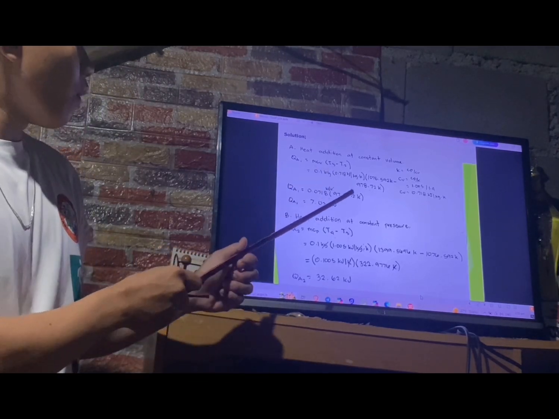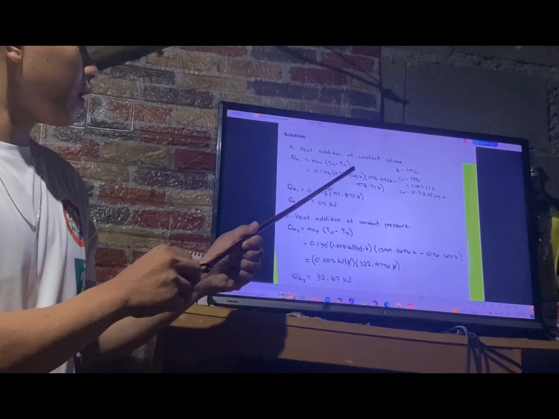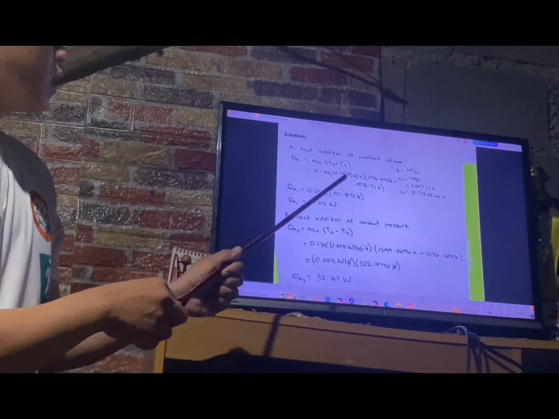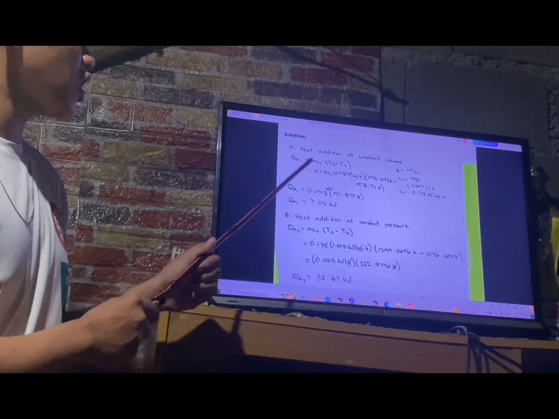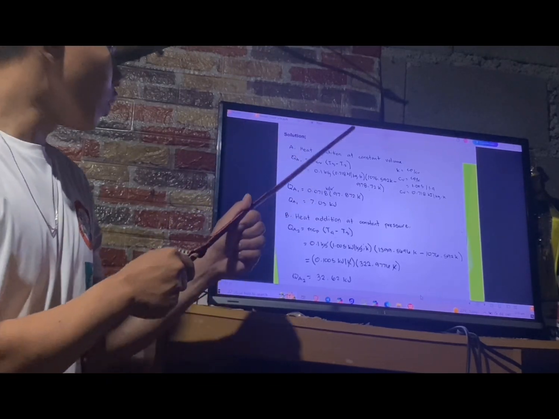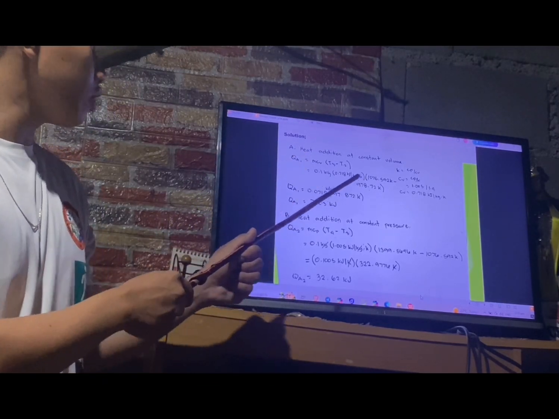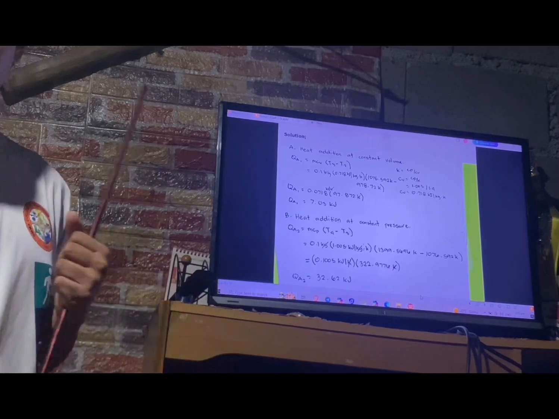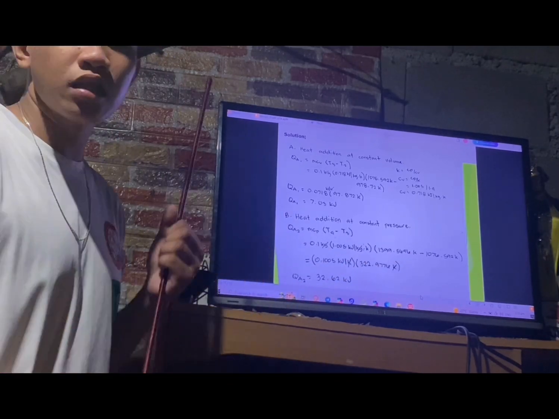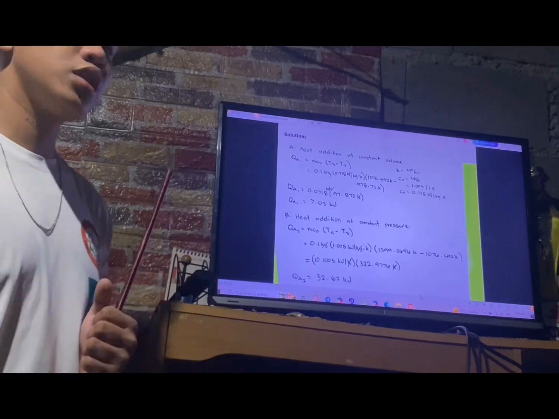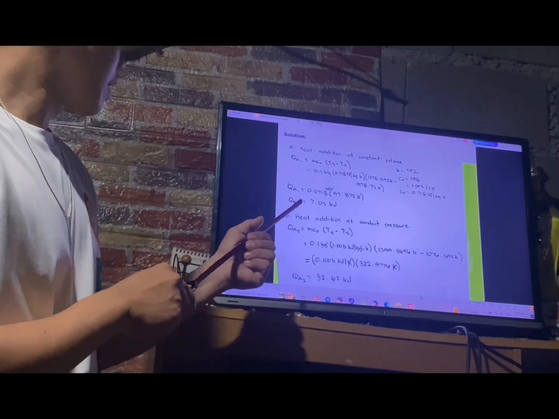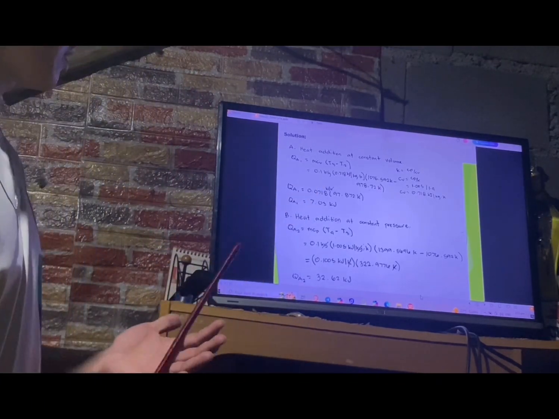Now multiply the difference between T3 and T2, which is 97.872 Kelvin. Then we have the value of heat addition at constant volume, which is 7.03 kilojoules.